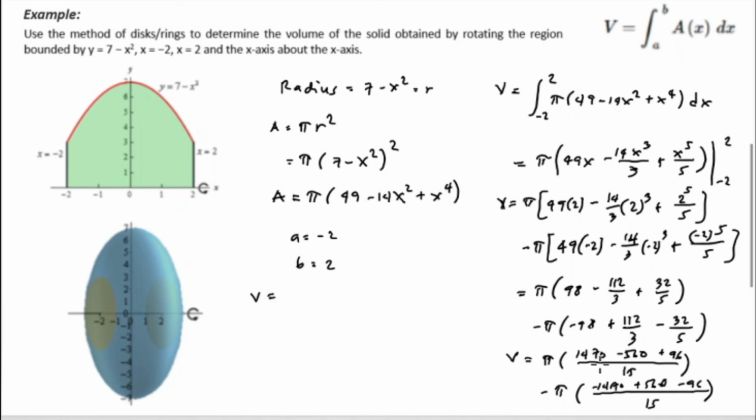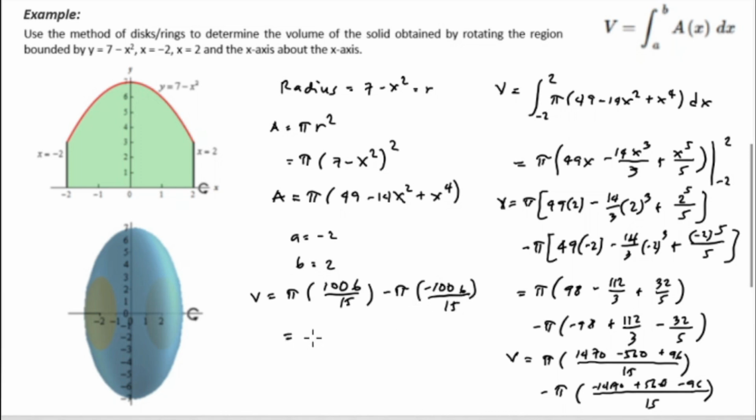Volume is equal to 1470 minus 560 plus 96, it is equivalent to 1006. We have pi times 1006 over 15 minus pi times negative 1470 plus 560 minus 96, and the value is 1006, but it is a negative sign, and we divide by 15.